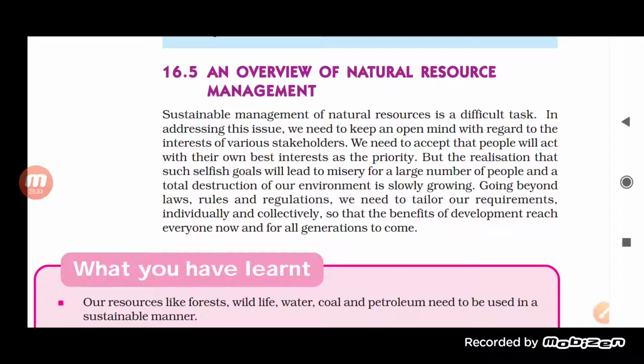We need to accept that people will act with their own best interest as the priority, but the realization that selfish goals will lead to misery for a large number of people and a total destruction of our environment is slowly growing. Going beyond laws, rules and regulations, we need to tailor our requirements individually and collectively so that the benefit of development reaches everyone now and for all generations to come.